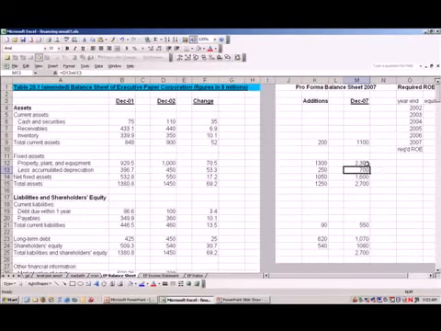The net of gross plant, property, and equipment and accumulated depreciation is a $1.6 billion net fixed asset amount. And if we add fixed assets to current assets, we arrive at a target total assets of $2.7 billion in the year 2007.